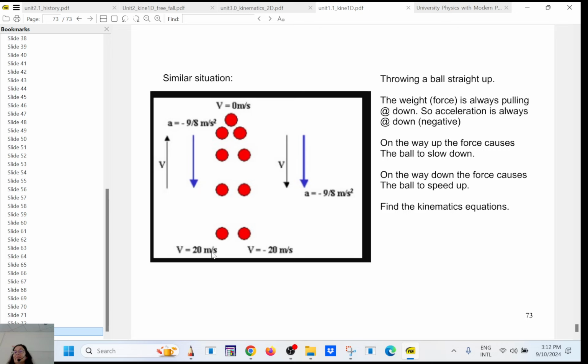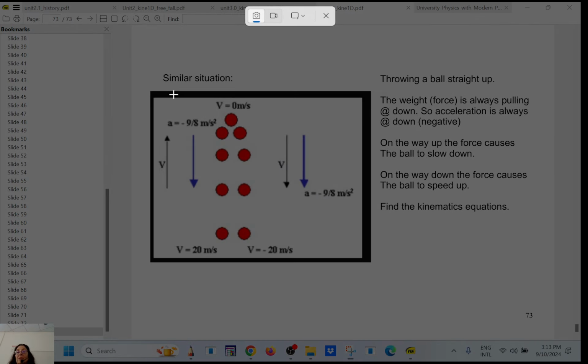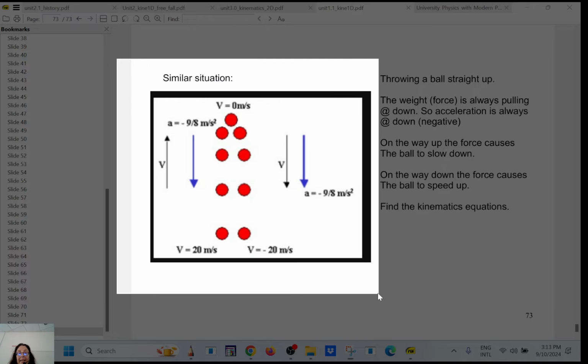Okay. So let's look at this. You have an initial velocity of 20. You throw that in the air. Acceleration is -10. So can you find the kinematics equation? Except that we are not going to have x anymore. We're going to have y.